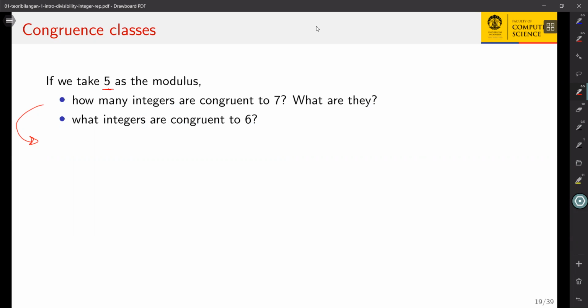Is it 1 and 2? No. The integers that are congruent to 7 modulo 5. An example will be 2. What else? Besides 2.